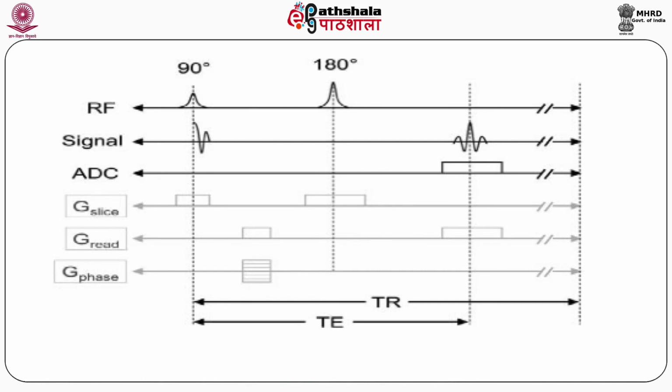The signal measured at this point of time with the receiver coil will increase to a maximum and then decrease as the spins once again dephase. At this time, a 180 degree RF pulse could be applied to rephase the spins again. So the rephasing of spins forms an echo, and the entire sequence is called a spin echo pulse sequence.